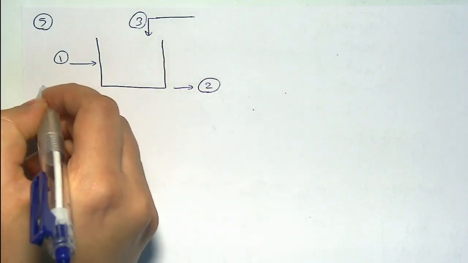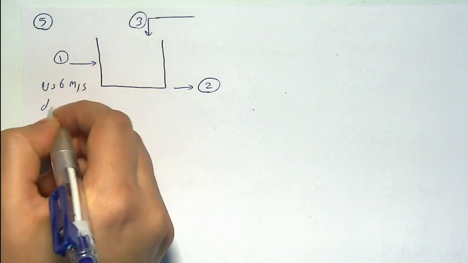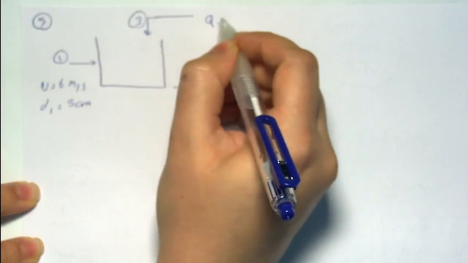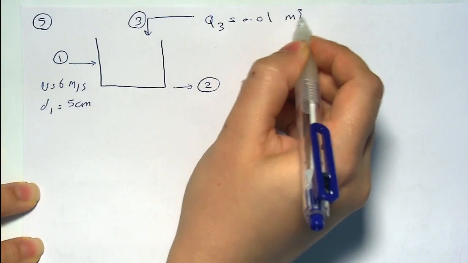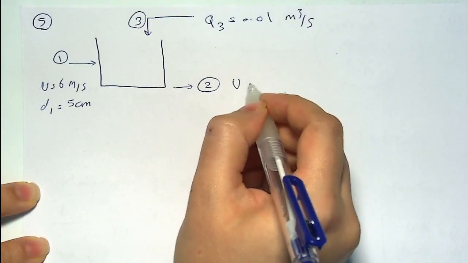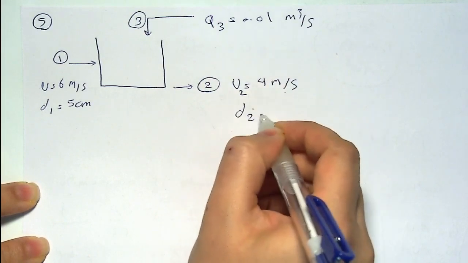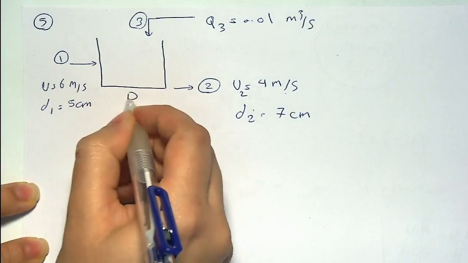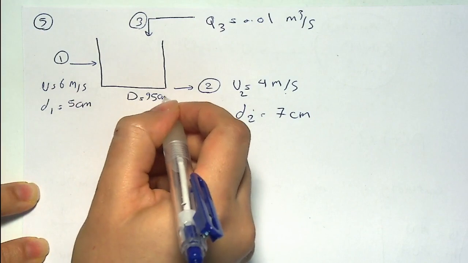The velocity at pipe 1 is 6 meter per second. The diameter of this pipe is 5 centimeter. The Q from pipe 3 is given to us equal to 0.01 cubic meter per second, and we know the velocity in pipe 2 equal to 4 meter per second, and the diameter of this pipe is 7 centimeter. The tank diameter is D, and is equal to 95 centimeter.